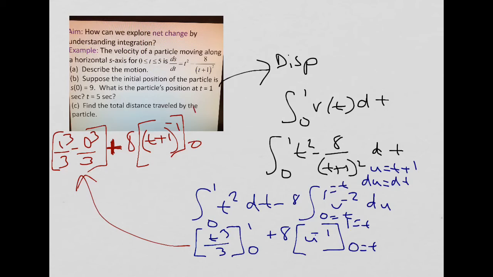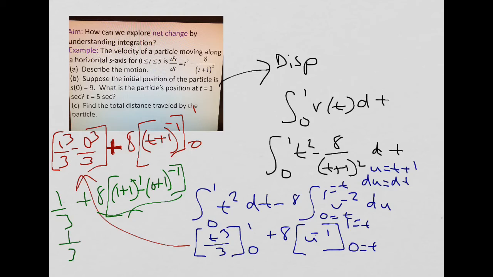So we get 1/3 and 8 times something. So if we plug in our 1, and we plug in our 0, we get this to be -4. So 1/3 minus 4 becomes a -11/3.